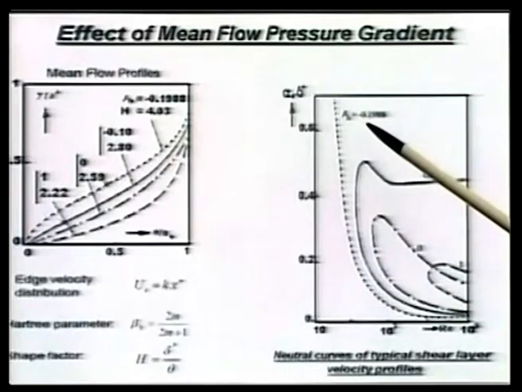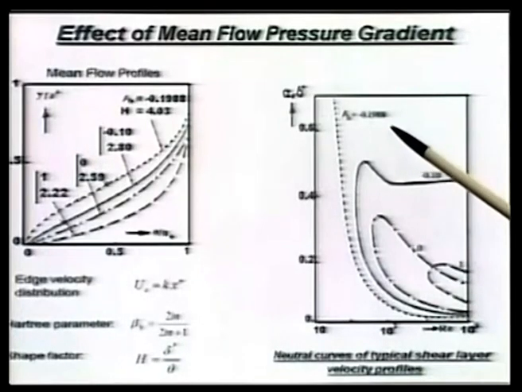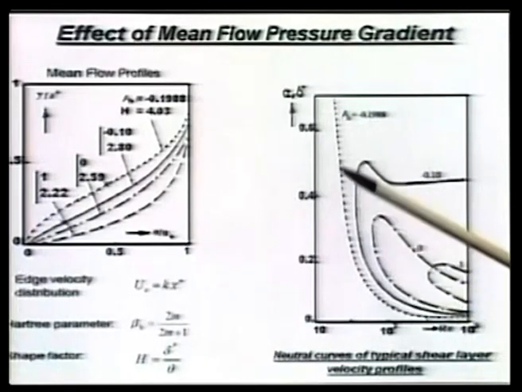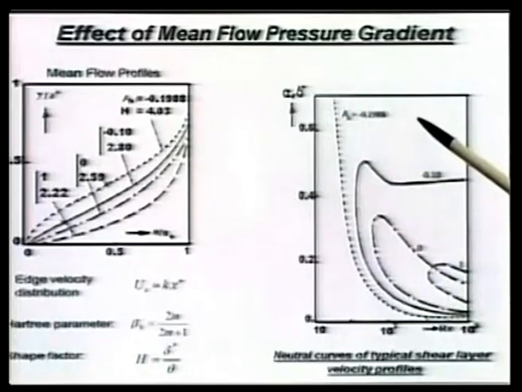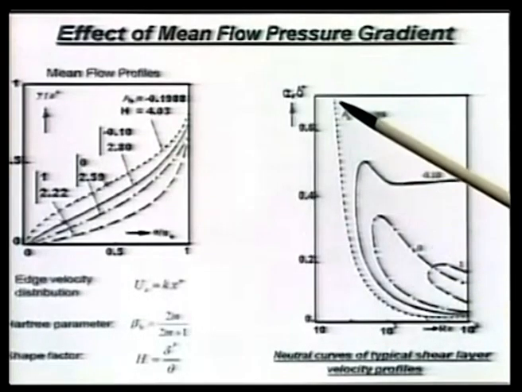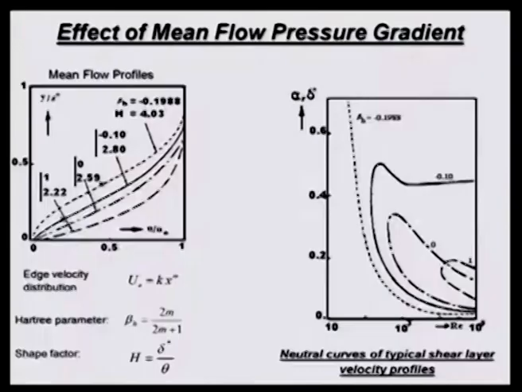And look at the value here for the incipient separation profile. There the neutral curve does not even close, it just remains open. So, it is going to remain unstable from a very low frequency to a very large frequency. Okay?